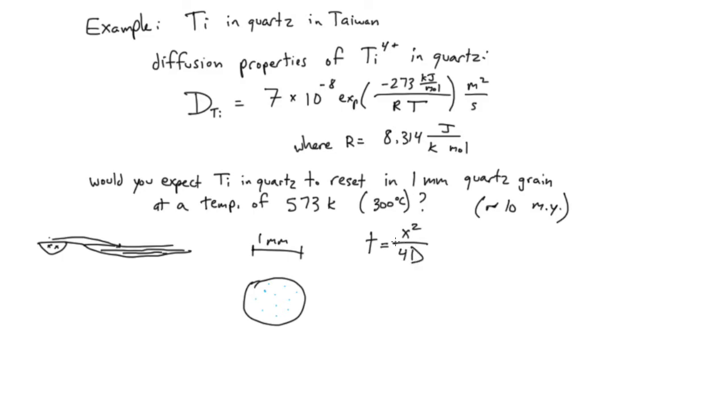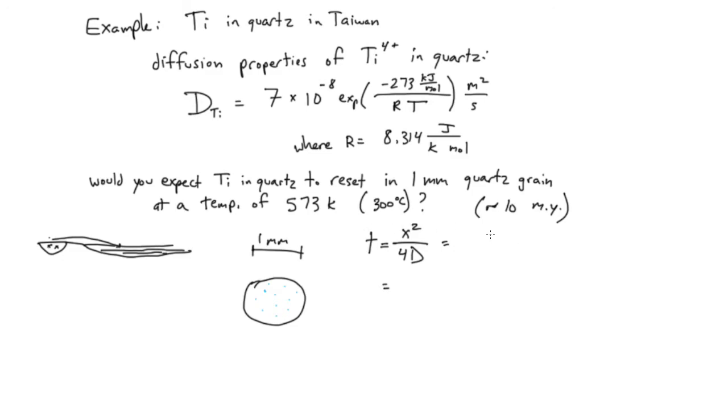So the equation, we'll just write it like this: how much time, and we'll start up here so we have room. X, so the distance is 1 millimeter, and you could say, well, maybe we should use the radius. It's a spherical problem, but again, this is an order of magnitude kind of calculation.